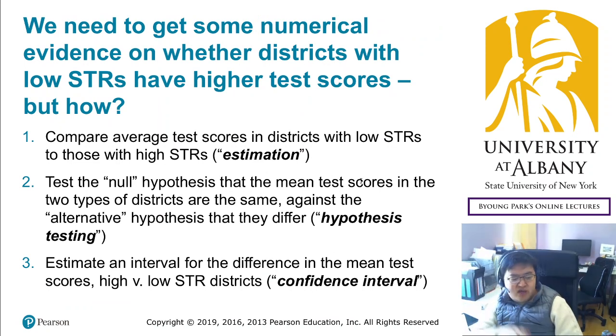Now here we need to use some serious, rigorous statistical methods. The three typical ways of doing this are estimation, hypothesis testing, and confidence interval. You learned all of them in 320. Estimation is simply estimating how much the class size increases the test score, by one number. So the number is the estimator.